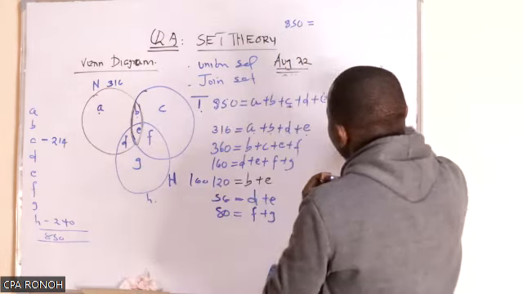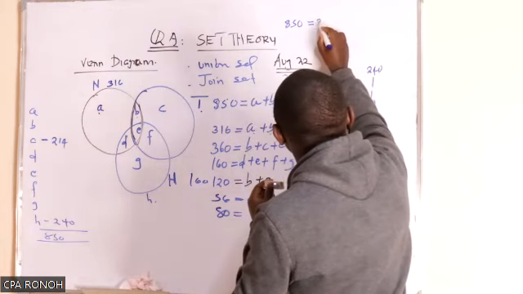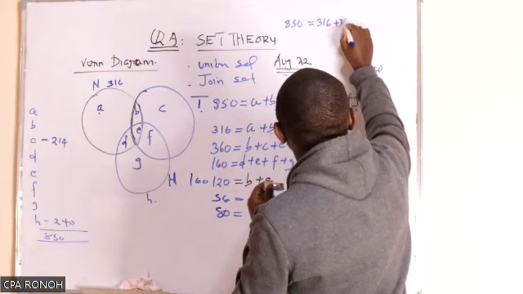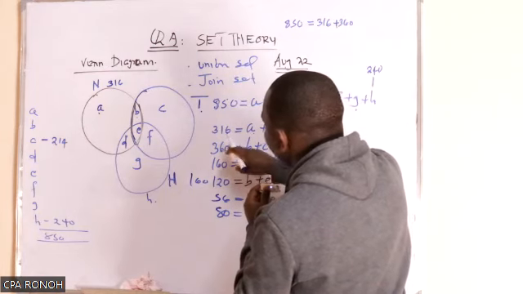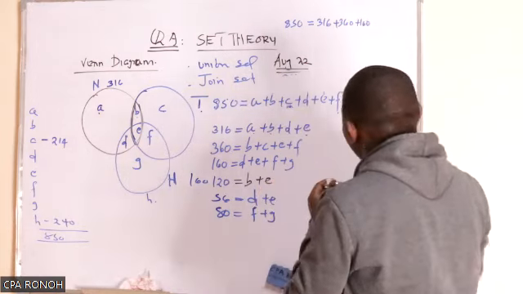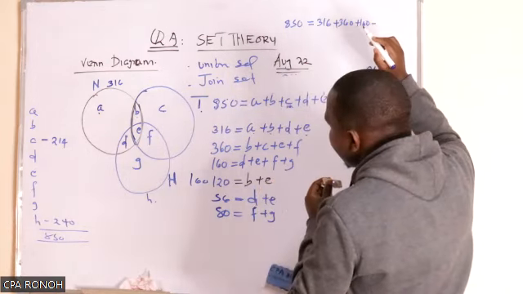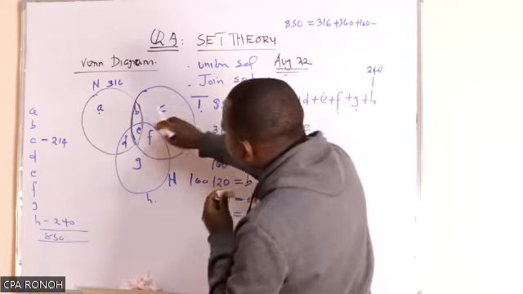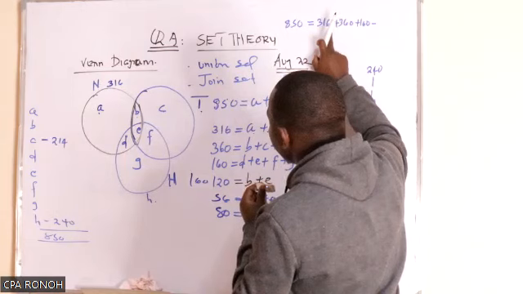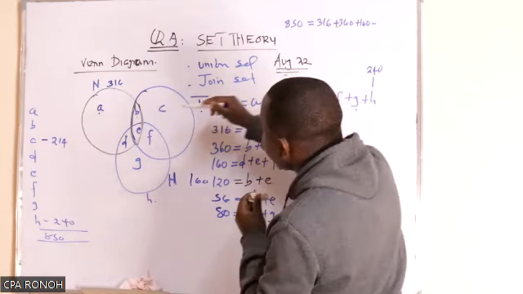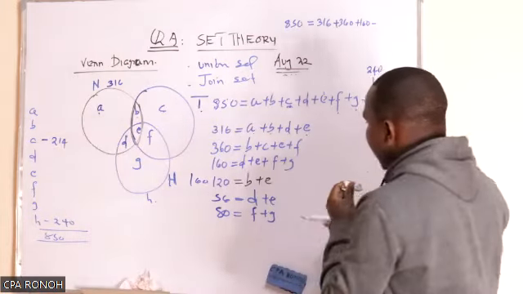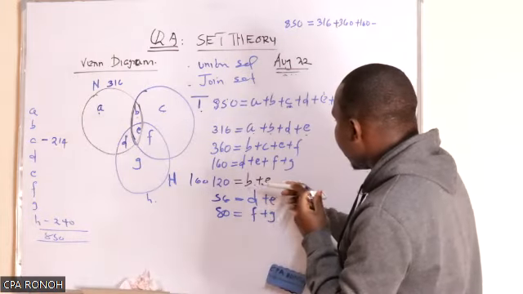If you add 316, which is for Nissan, you add 360, which is for Toyota, and you add 160, which is for Honda, and then you subtract this part. For 360 there is BDE, which they share the other part. So you subtract 120, which is BE.